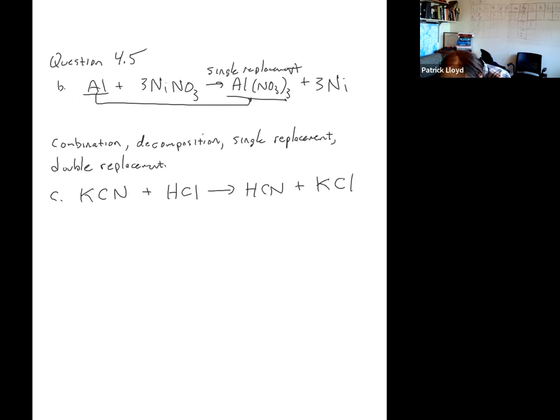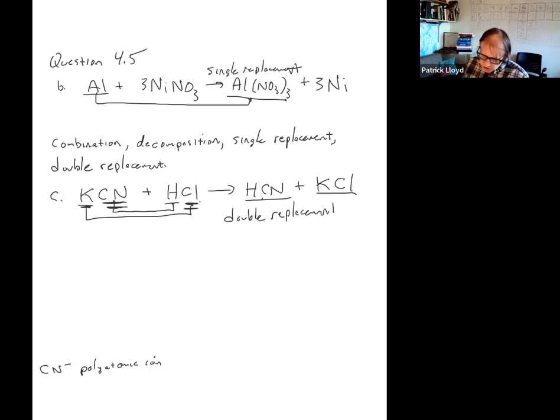So it looks like each one has 2 parts here, right? H plus Cl minus, K plus, this is called cyanide, CN minus. It's a polyatomic ion. Okay, so 2 parts, switch partners. K goes with the Cl, KCl. H plus goes with the CN minus, HCN. So there's your double replacement.